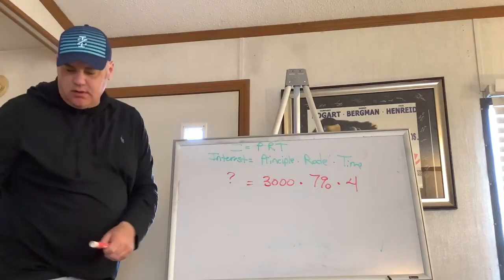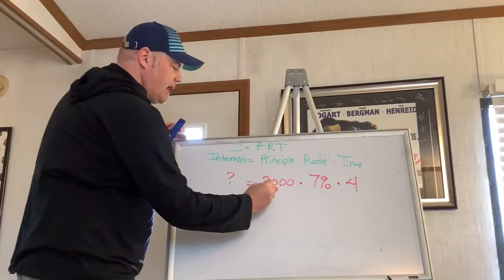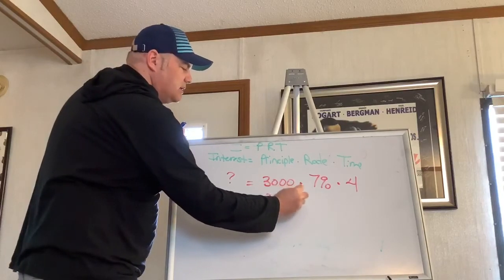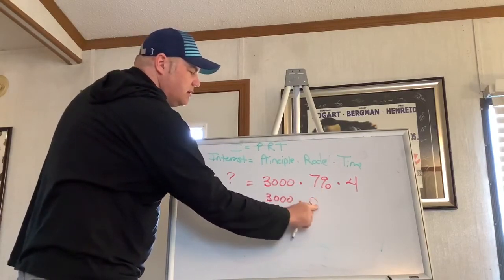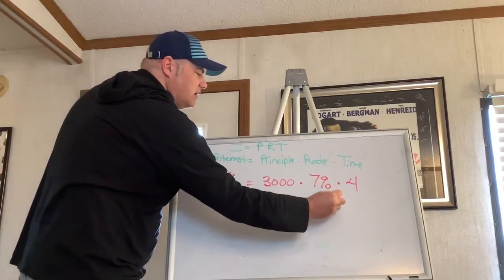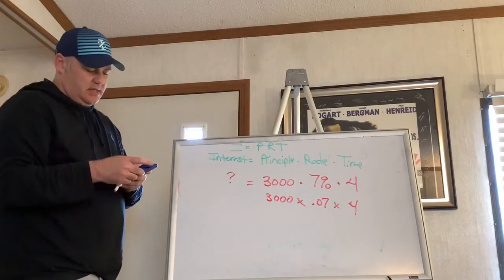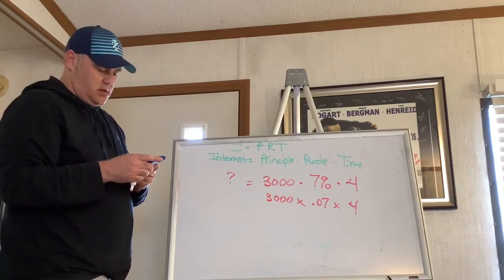Okay, so let me put that into the calculator. Just so you know what you're putting into the calculator, it's 3,000 times 0.07 times 4. So let's put that in and see what we come up with.